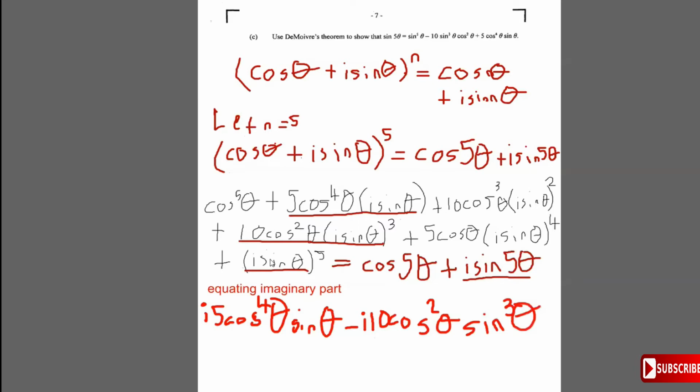And then right here I have I to the 5th sine to the 5th. I to the 5th is just I, so I have I sine to the 5th, and that's equal to I sine 5 theta.